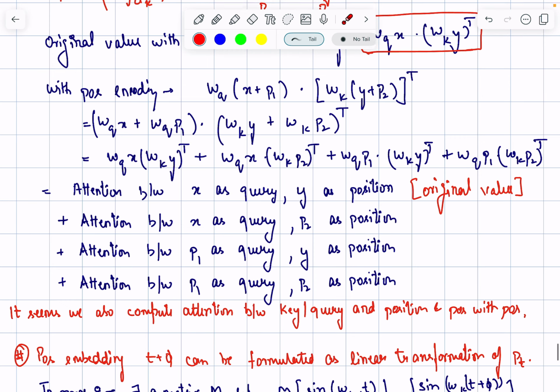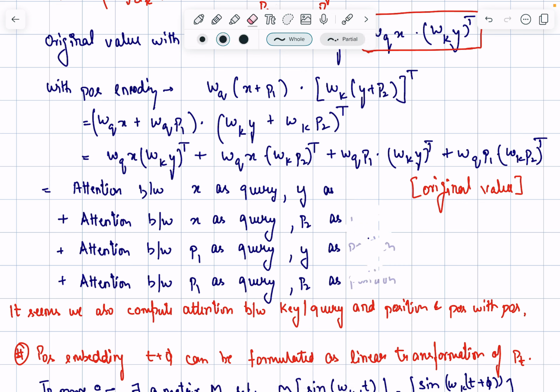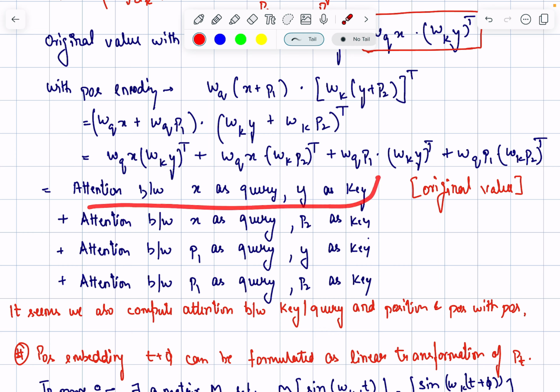So what does it mean? It means that we have attention between x as query and y as key. Apologies, I'm correcting myself here, this should be key. So x as query, y as key, so attention between these two. Then what is the attention score when you use x as query but the positional embedding as the key?